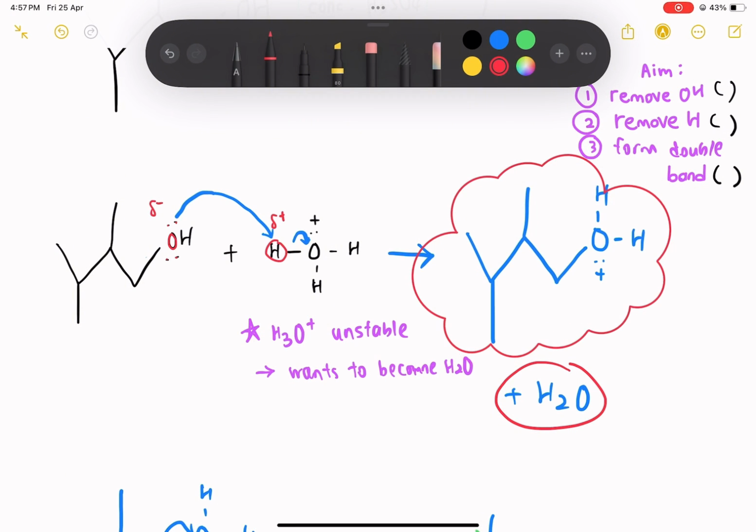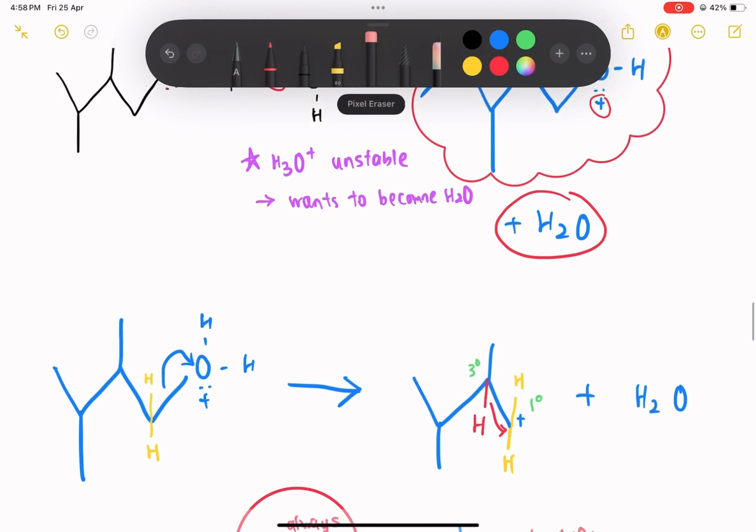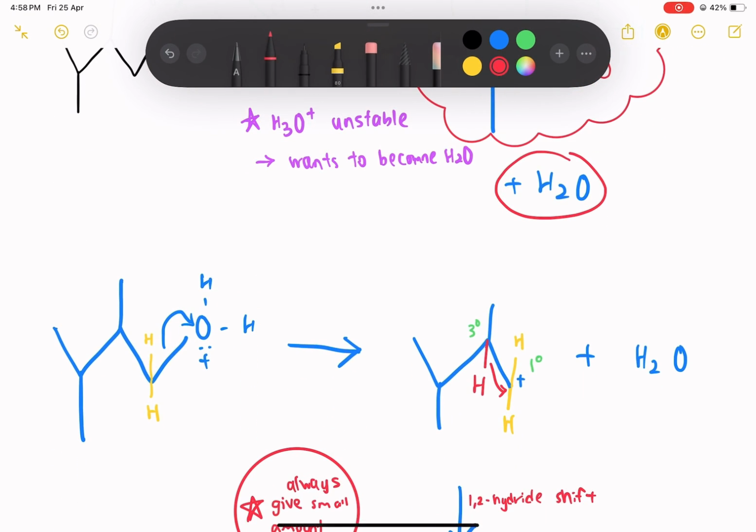But the story doesn't end yet, because this is still positive, it is unstable, and we didn't even remove OH. So we will remove these unstable ones by breaking the bond between C and O to form H2O back.